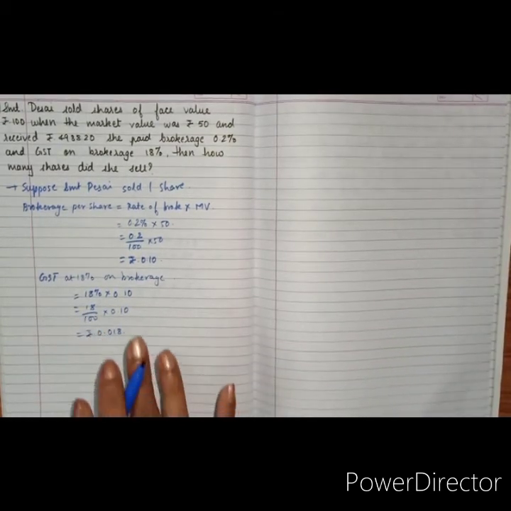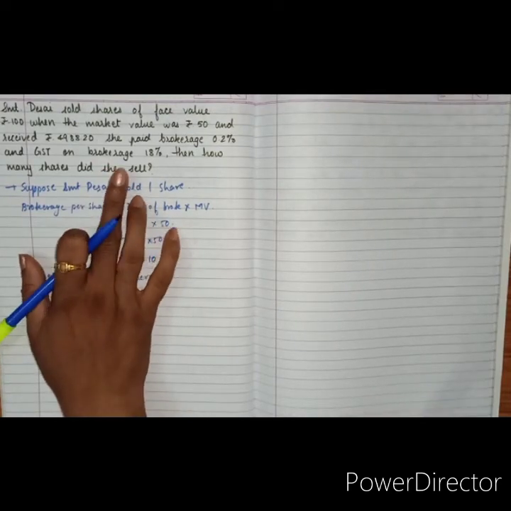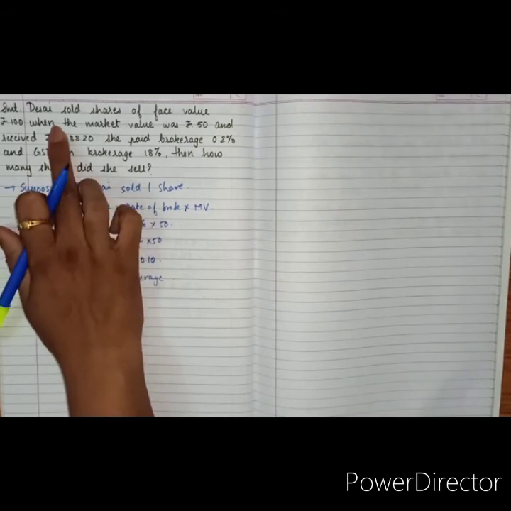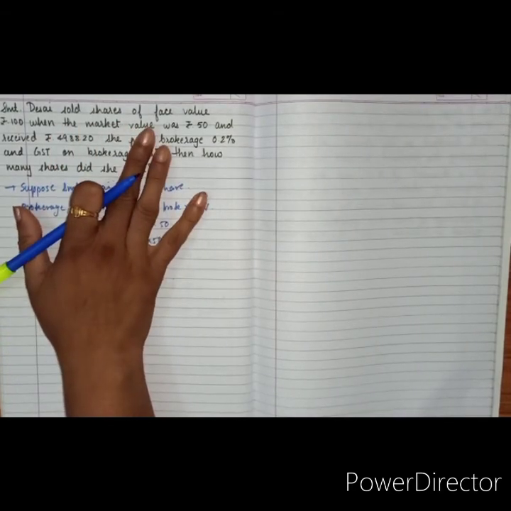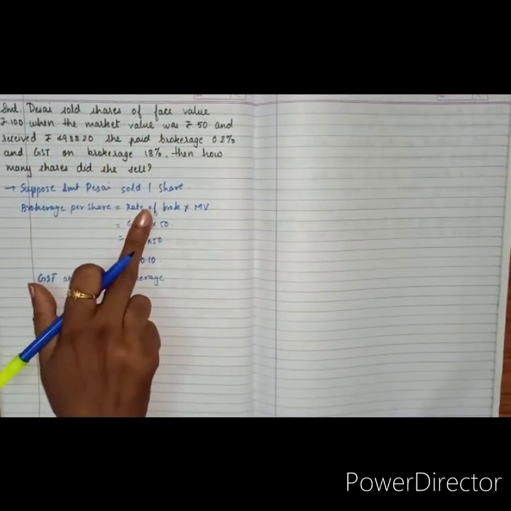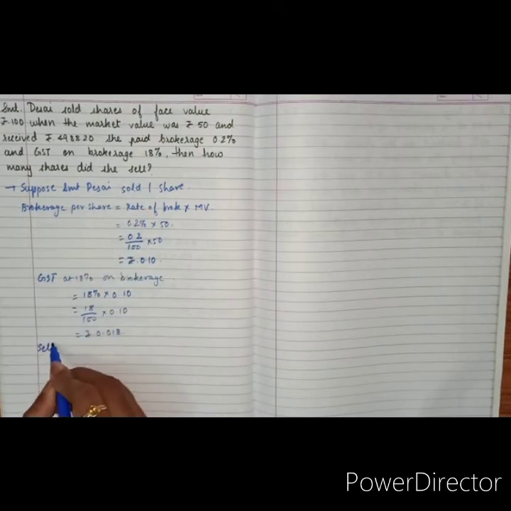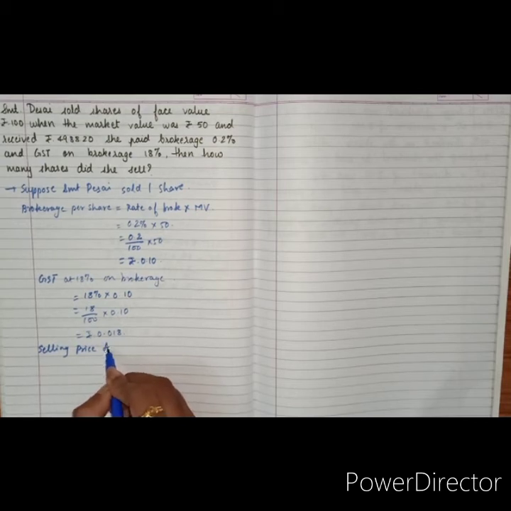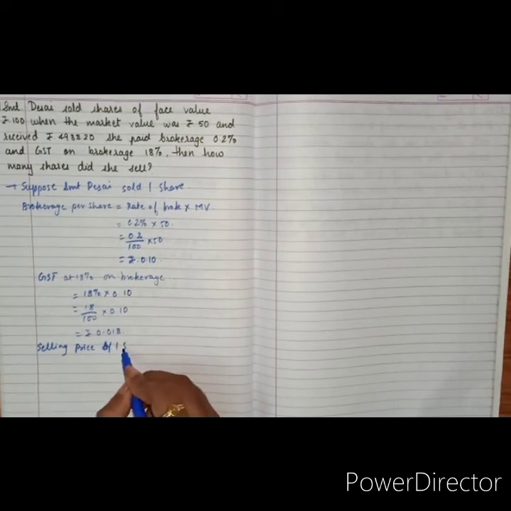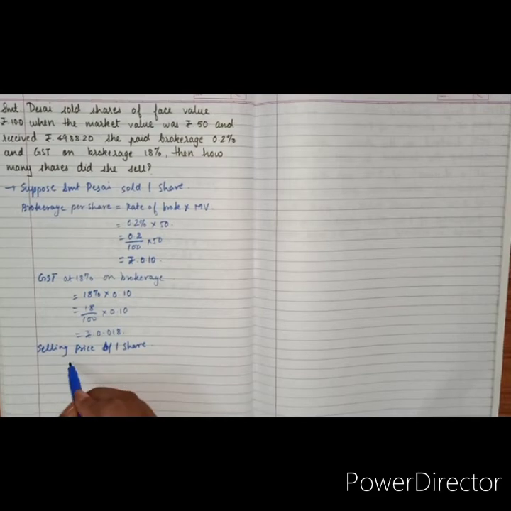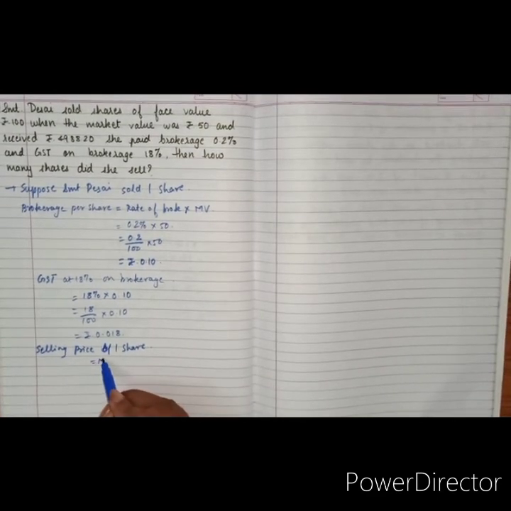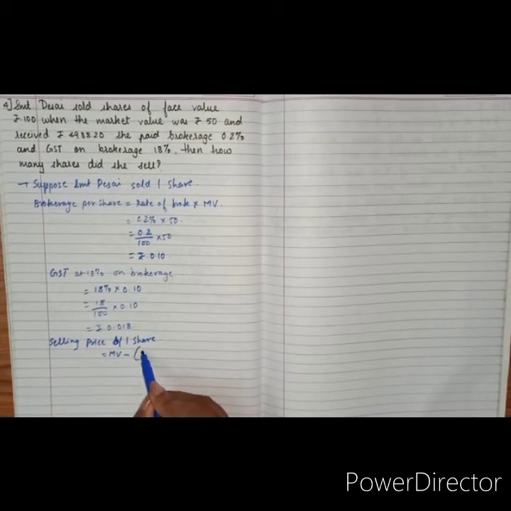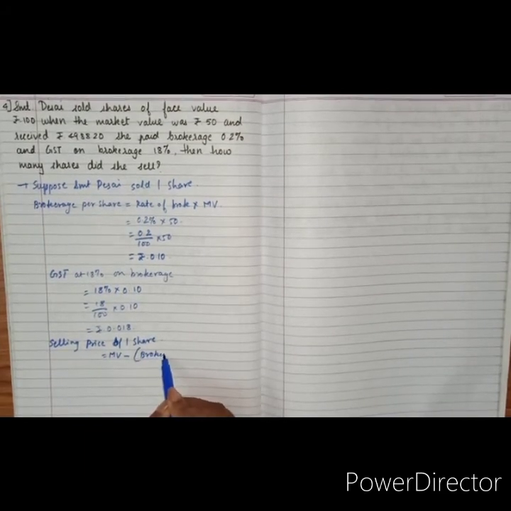Now what you are supposed to find is the selling price. She has sold shares of face value 100, but we are calculating for one share. So let us calculate the selling price of one share. It should be the market value minus brokerage plus GST.